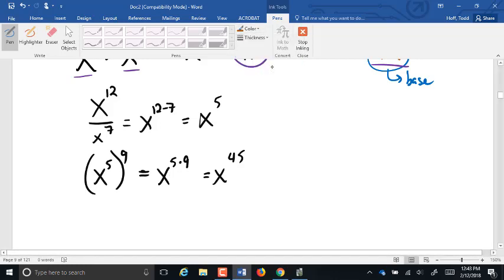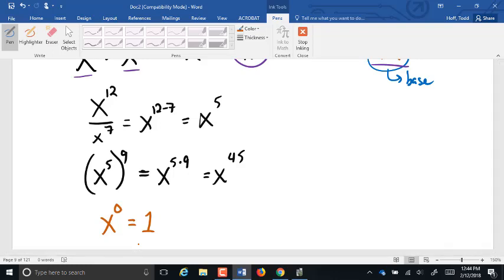So let's take a look at what happens if it's a little bit more complex than that. First of all, what's x to the power of 0? 1. Anything to the power of 0 is 1. At some point, you may see a question on a quiz. It might even be an extra credit question. It looks something like this.